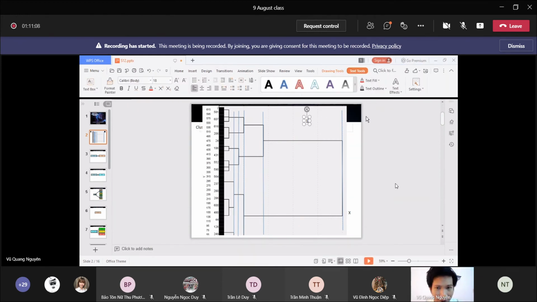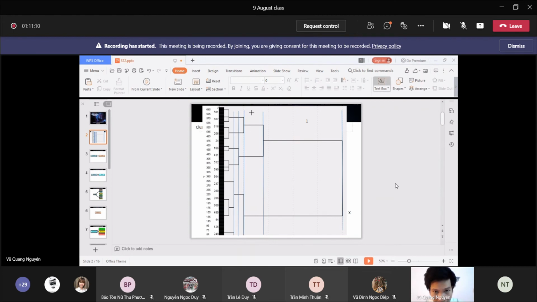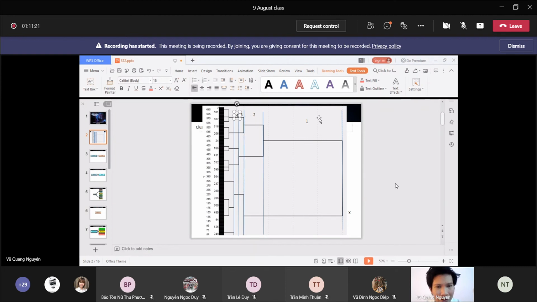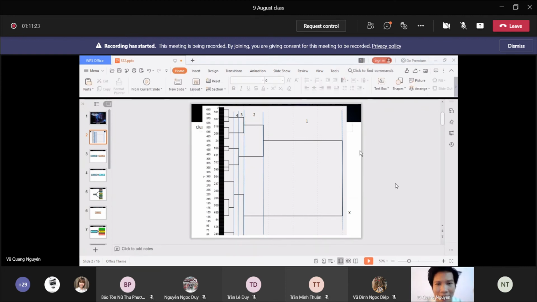Now let's count this part 1. Part 2. 3 here. 4 here. We don't care for the others because we only care about the longest in horizontal. Part 1, part 2, part 3, part 4. Which part has the longest in horizontal?